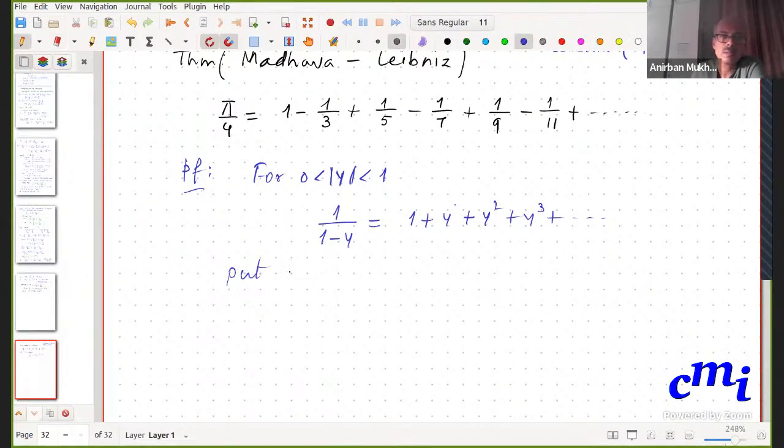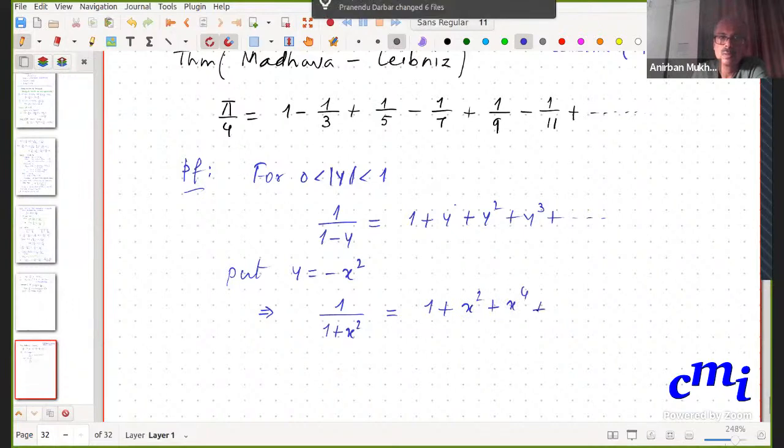So put y equal to minus x squared. And then what we have is 1 over 1 plus x squared is equal to 1 plus x squared plus x to the 4 plus x to the 6 plus x to the 8 and goes on.